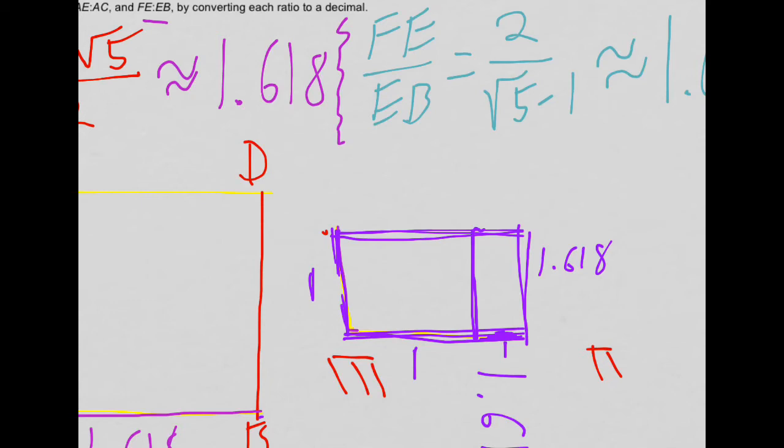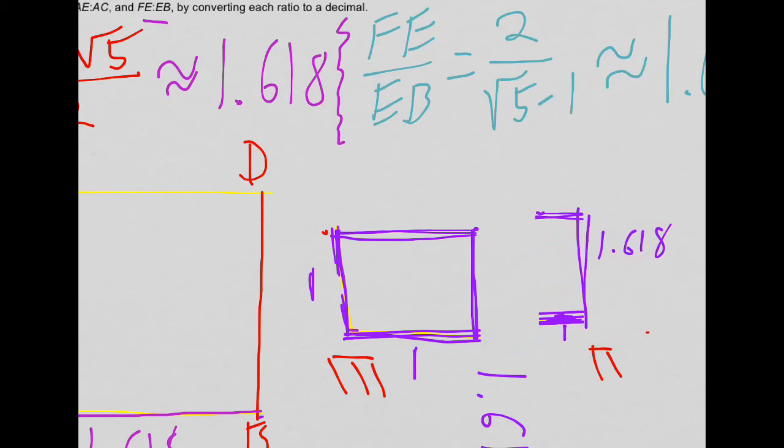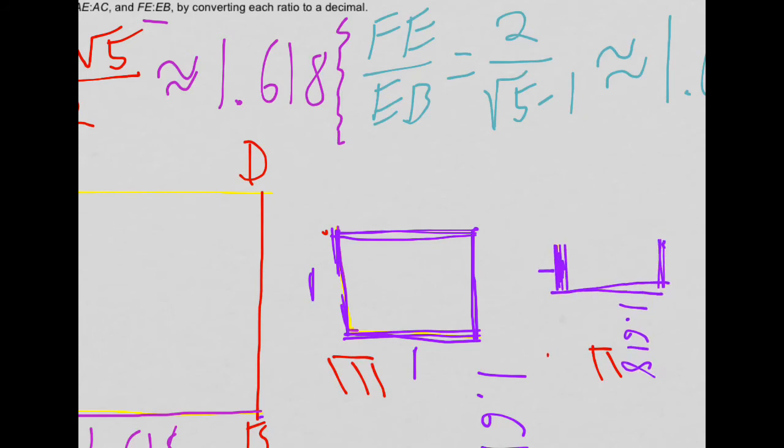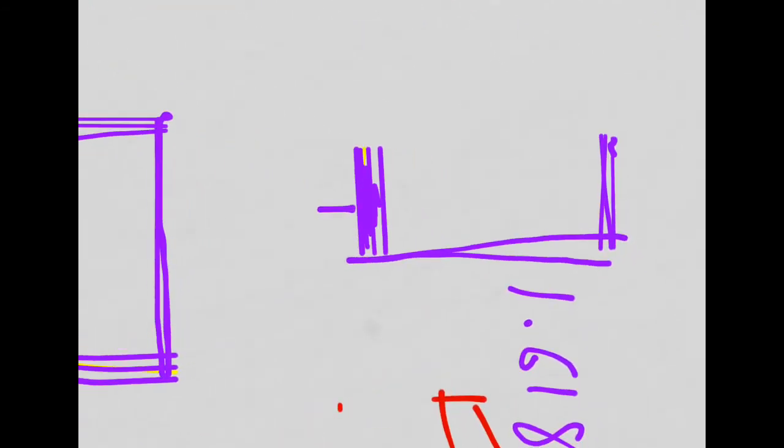And if I took this part of my rectangle off and left it with just the square and turned it around again just like that, then I would have another of the exact same shape, where I would have my square 1 to 1, and this whole side, of course, would be 1.618.